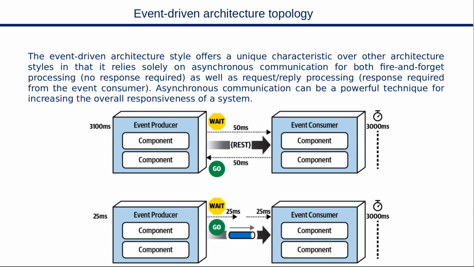Here you can see the example in these images, where a user is posting a comment on a website for a particular product review. Let's assume the comment service in this example takes 3000 milliseconds to post the comment, because it goes through several parsing engines. What kind of parsing engines?